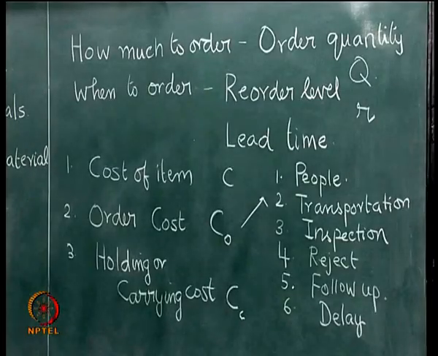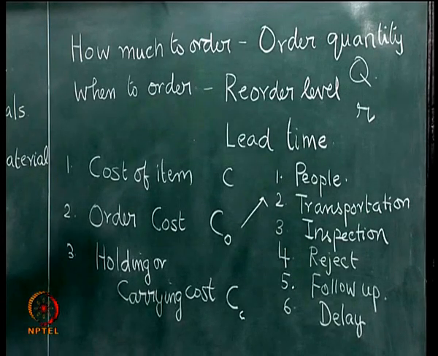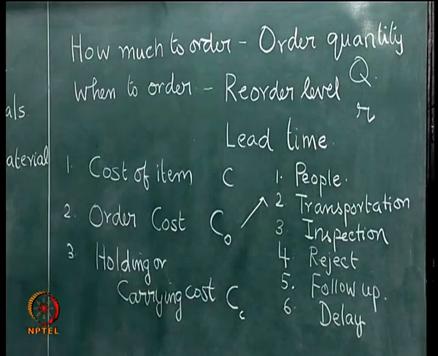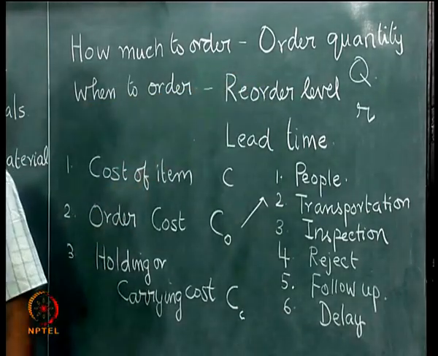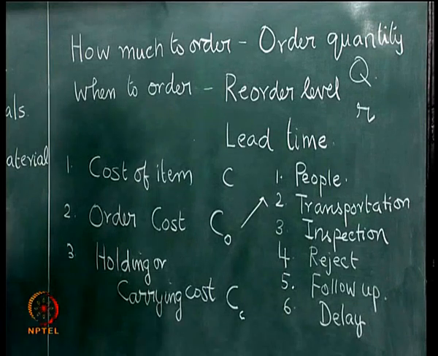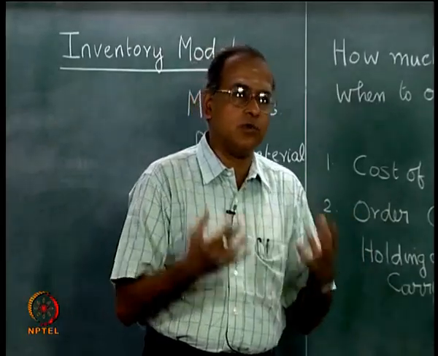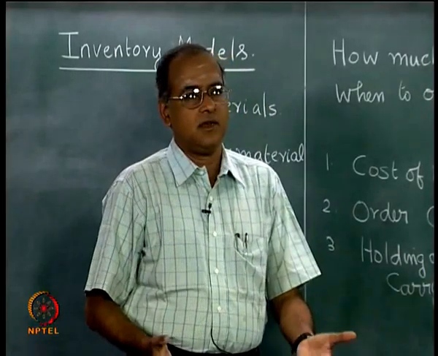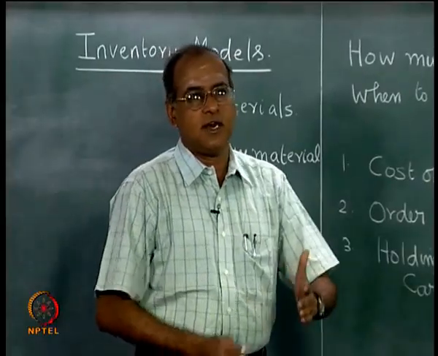This also has many components. The material arrives in a certain quantity, which is Q, which we have to find out. And as I mentioned, when we do the optimization, the Q is a little more than the daily demand, which means that the material that comes is going to be used for a certain number of days, and then the next order is going to arrive and it is going to be used.